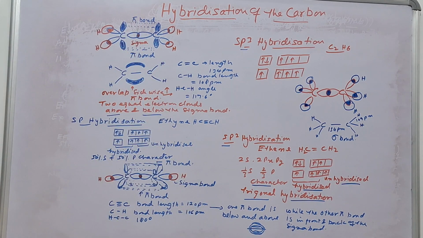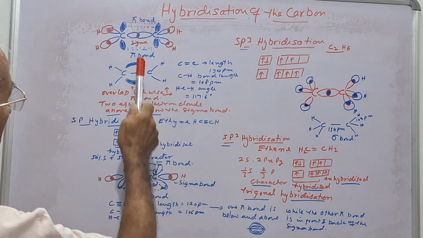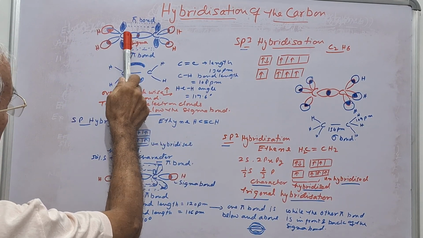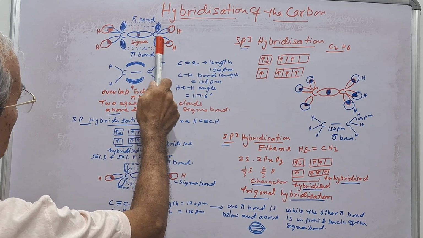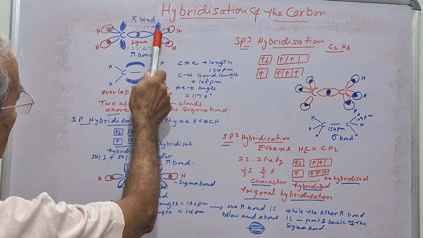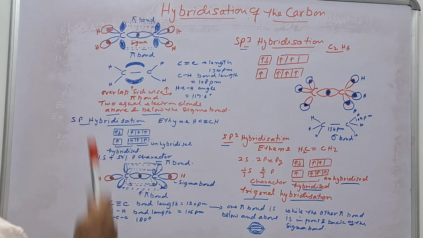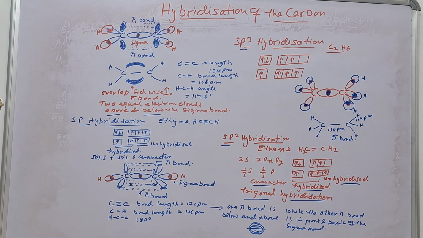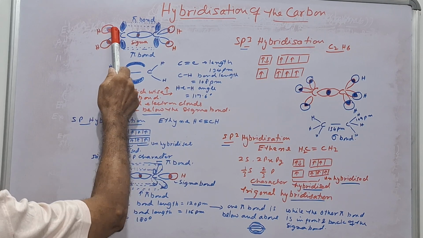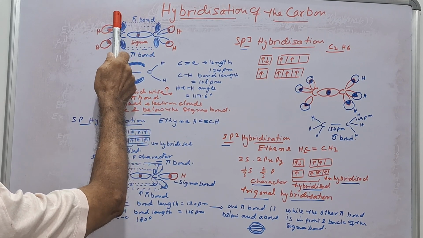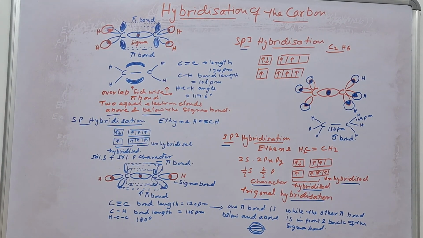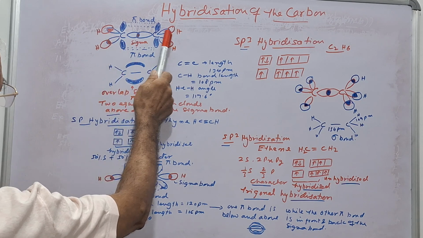Now see here, in the case of ethene, of the 3 hybridized orbitals, one hybridized orbital of one carbon atom overlaps the hybridized orbital of the other carbon to form the sigma bond, that is axial or head-to-head overlap, and the two hybridized orbitals overlap with the 1s of the hydrogen on both the carbon atoms, and they form the sigma bonds.